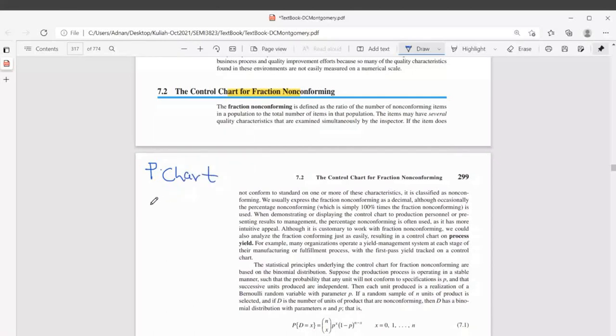We have the NP chart, the C chart, the U chart, and the demerit chart.